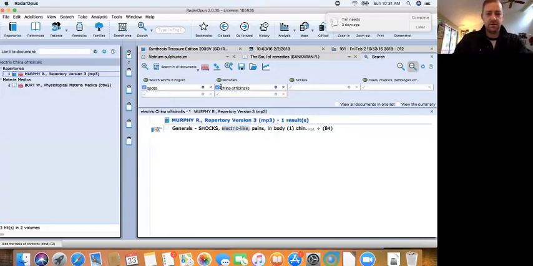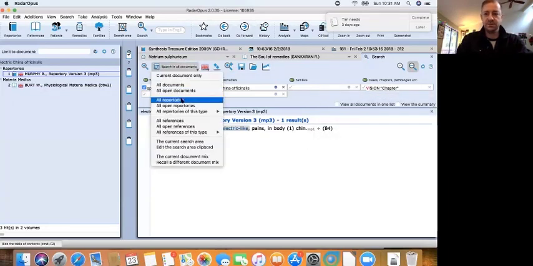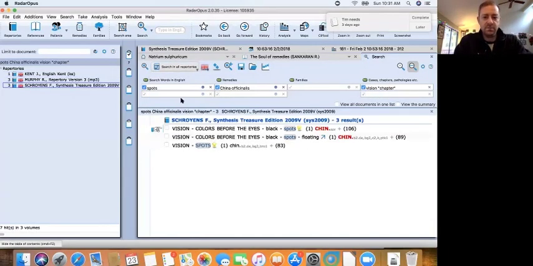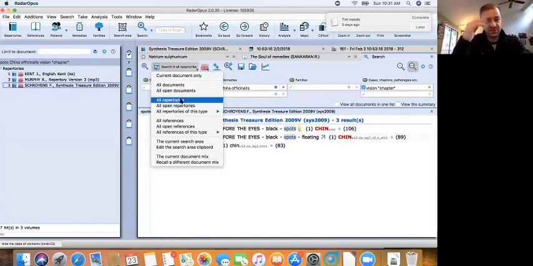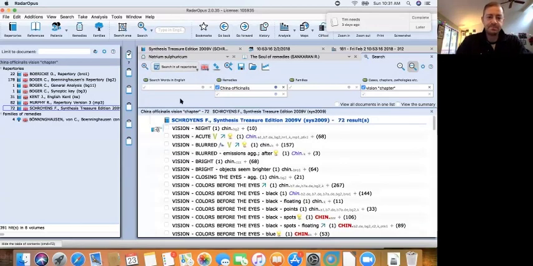Spots. So we can look up spots in the vision chapter. I'm just going to do this quickly instead of going to the rubrics. Colors before the eyes, black spots floating there. China's a grade 3. Also, China under the vision chapter, the vision is greatly affected by blood loss.